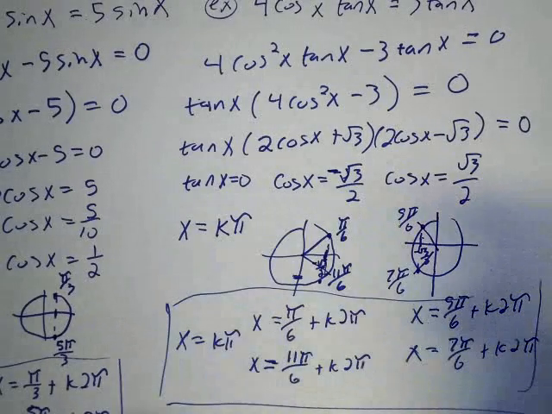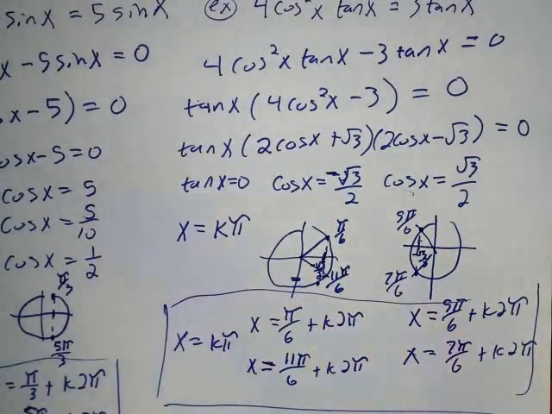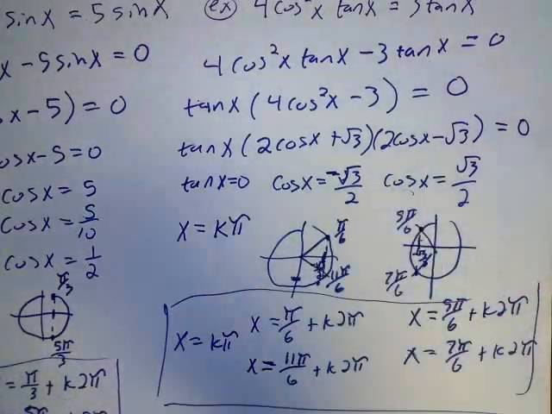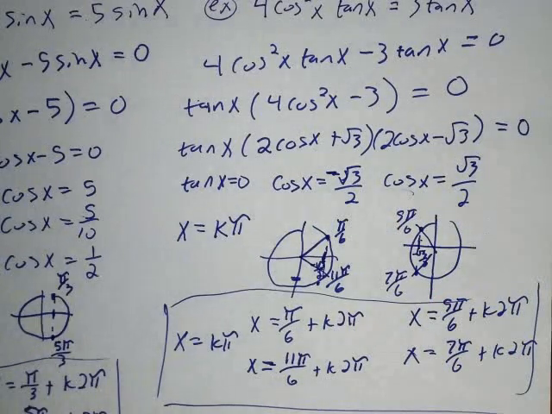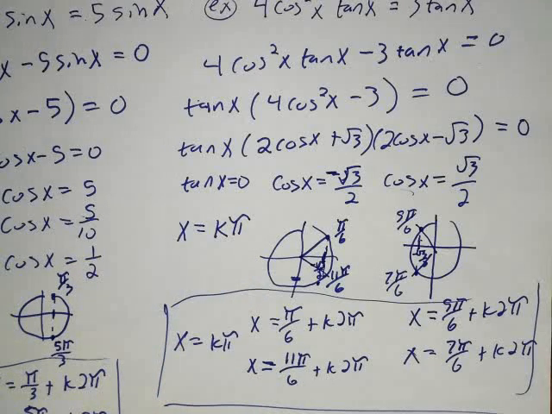Okay, and of course these all had nice numbers. They were special points on the unit circle. These equations won't necessarily be special points on the unit circle, but you can still solve them. So that is the first thing. Next lesson we'll look at solving equations of the quadratic type.